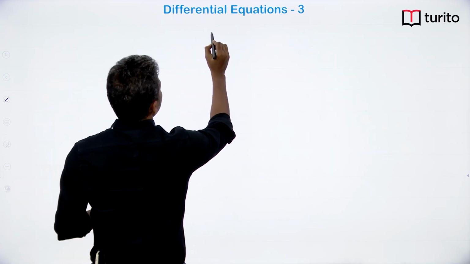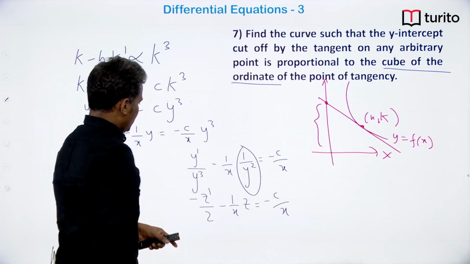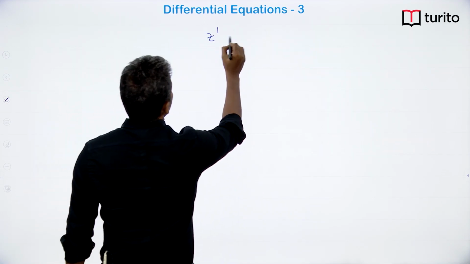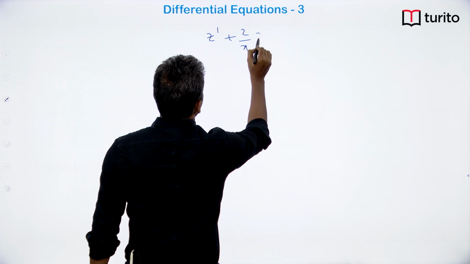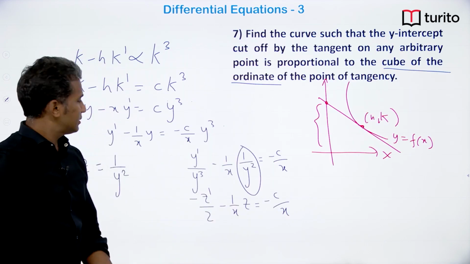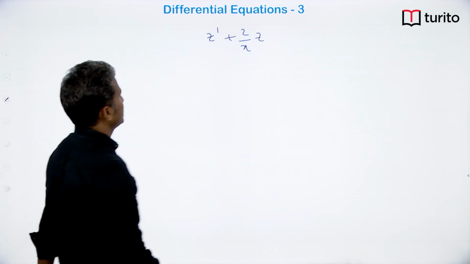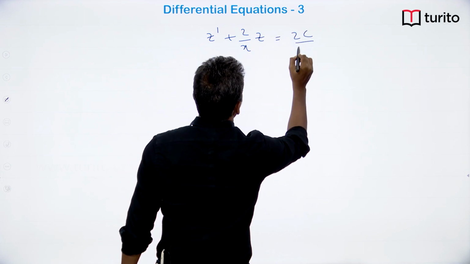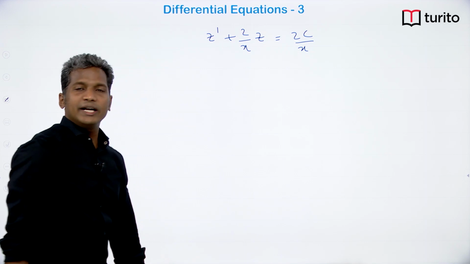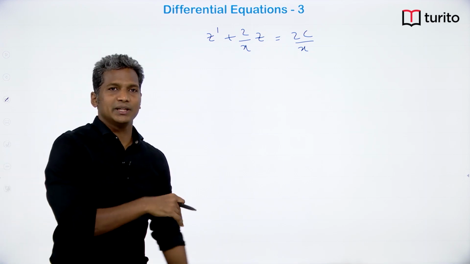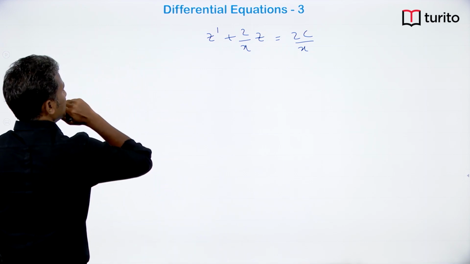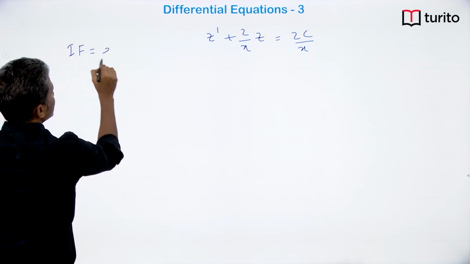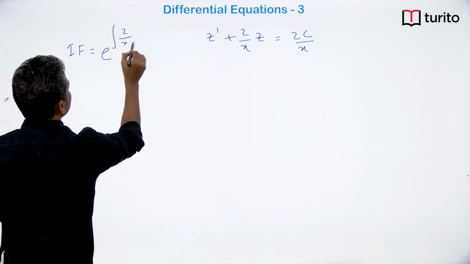So it becomes z dash; I am basically multiplying by minus 2, and it becomes plus 2 by x into z. Now we have managed the two terms. Now the RHS will become 2c by x. Now integrate this; it will be in the standard form. So the integrating factor is e raised to the integral of 2 by x dx.